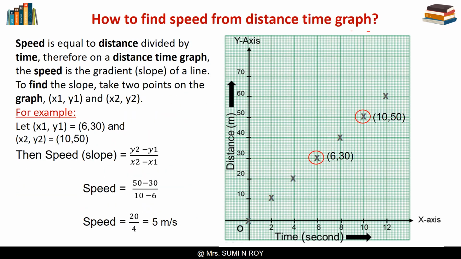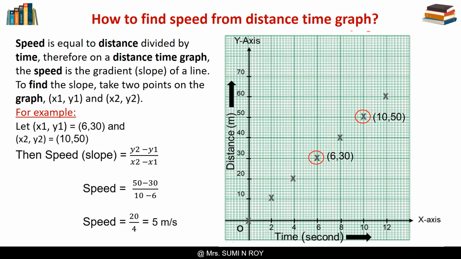Now let us see how to find speed from distance time graph. As we already know, speed is equal to distance divided by time. Therefore, on a distance time graph, the speed is the slope of a line. To find the slope, take 2 points on the graph, (x1, y1) and (x2, y2).